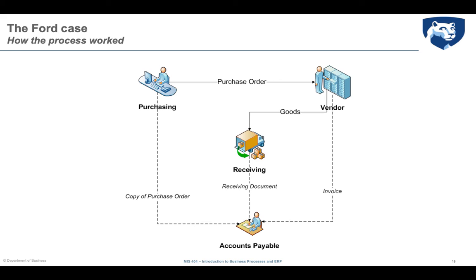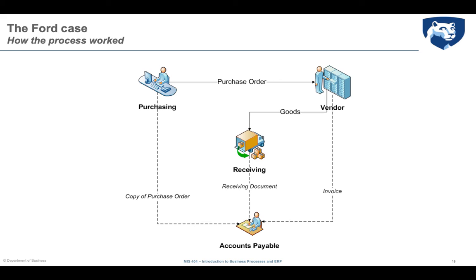Then when the goods are received and these match the purchase order with the goods requested, the supplier sends the invoice to the accounting department, which now has in its hands three documents: the purchase order, the receipt document, and the invoice.